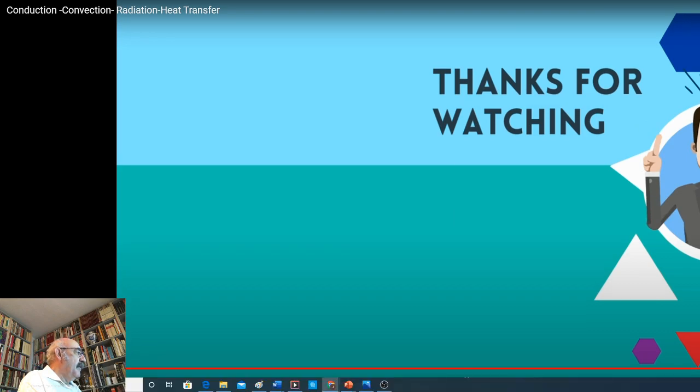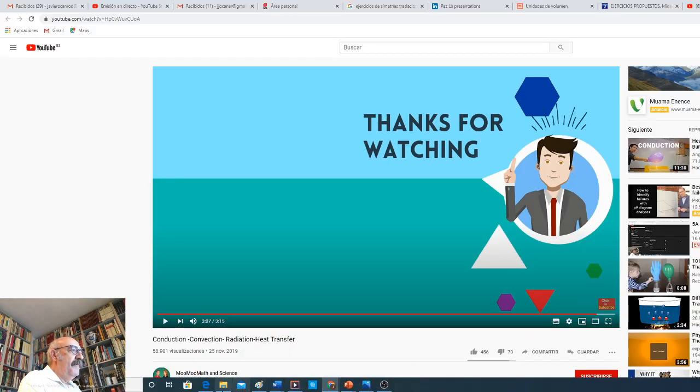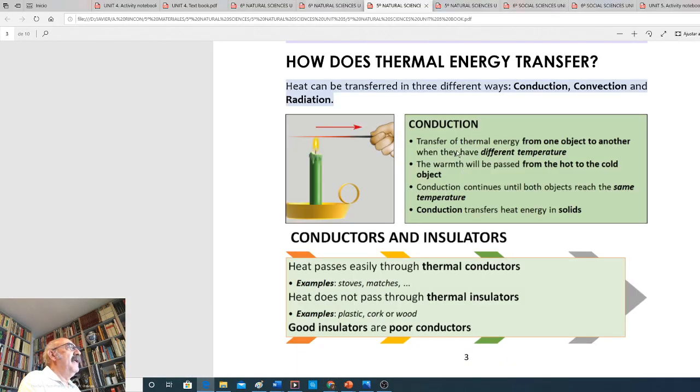Good. Now let's go to our text part and try to read the text about conduction. You can see here a picture. You have here a candle and here a stick, maybe made of iron, and the thermal energy from the candle is in contact with this stick.